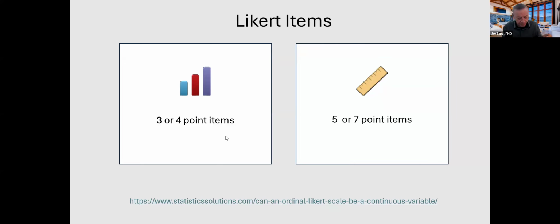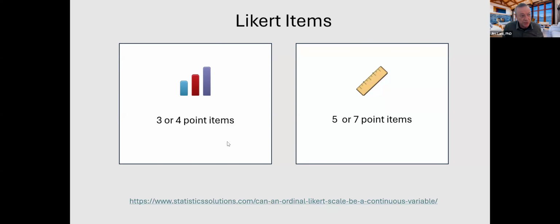My example is a 10-point test. A lot of these things are just tests, and you can get a correct or incorrect answer. That's nominal. But once I start adding up those 10 questions, I get 8 out of 10, 9 out of 10. That's a scale level measurement.